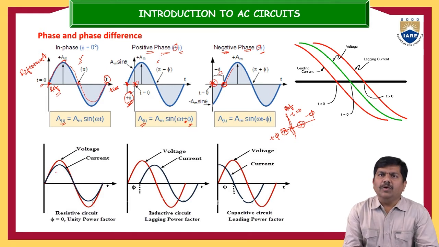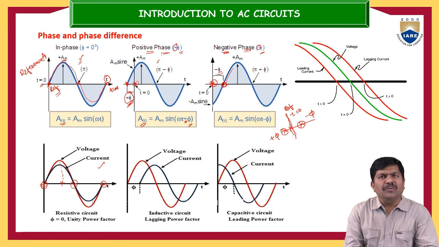Now coming to the fourth waveform. The voltage waveform is an alternating quantity shown with red color, and the current waveform is also an alternating quantity shown with black. These two waveforms start, cross the 0 point, and reach 0 again at the same instant. So there is no difference in changing value from positive to negative. Starting at the same point, they reach their peak at the same instant with different magnitudes.